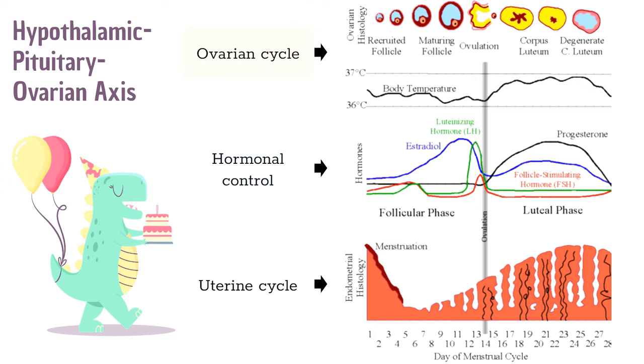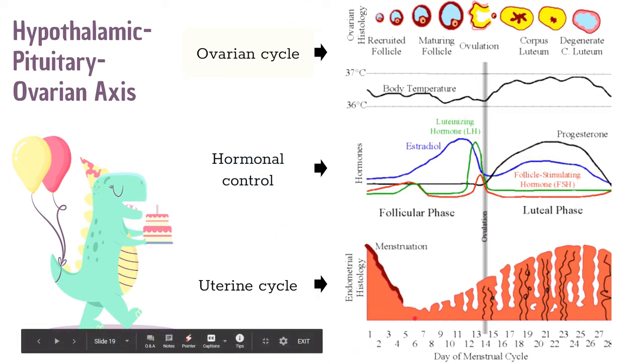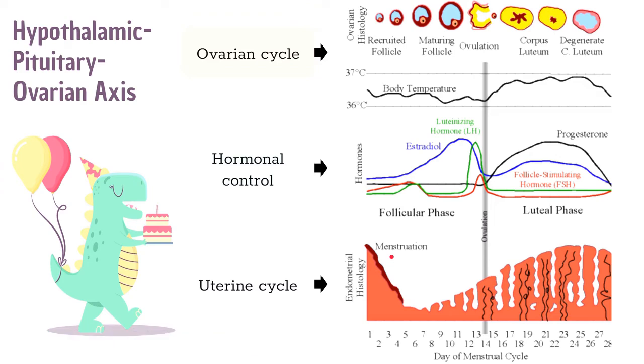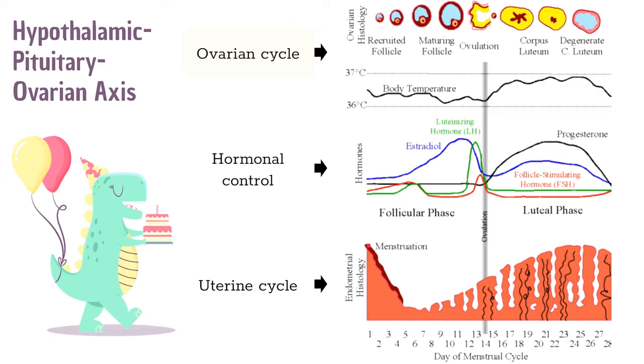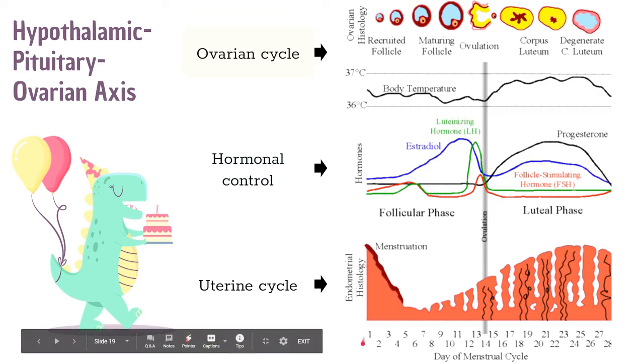So first, the uterine cycle. This one will start at the bottom. Menstruation is the most obvious stage of the uterine cycle because this is where you see something happening. To understand your monthly menstrual cycle, the first day of bleeding, the first day that you see blood on your underwear, is also the first day of your cycle.